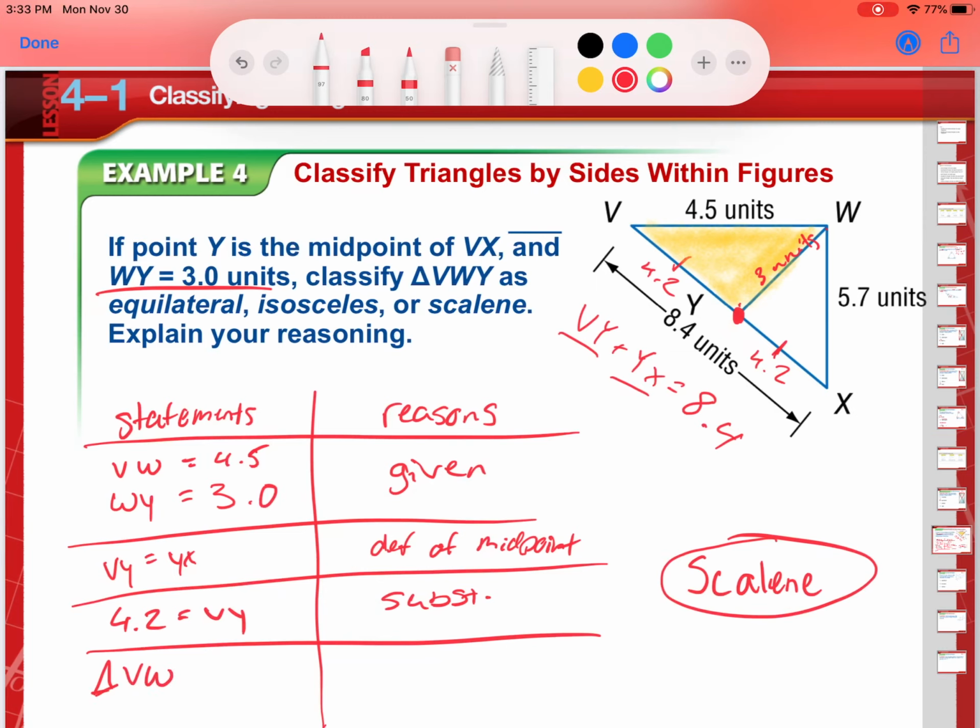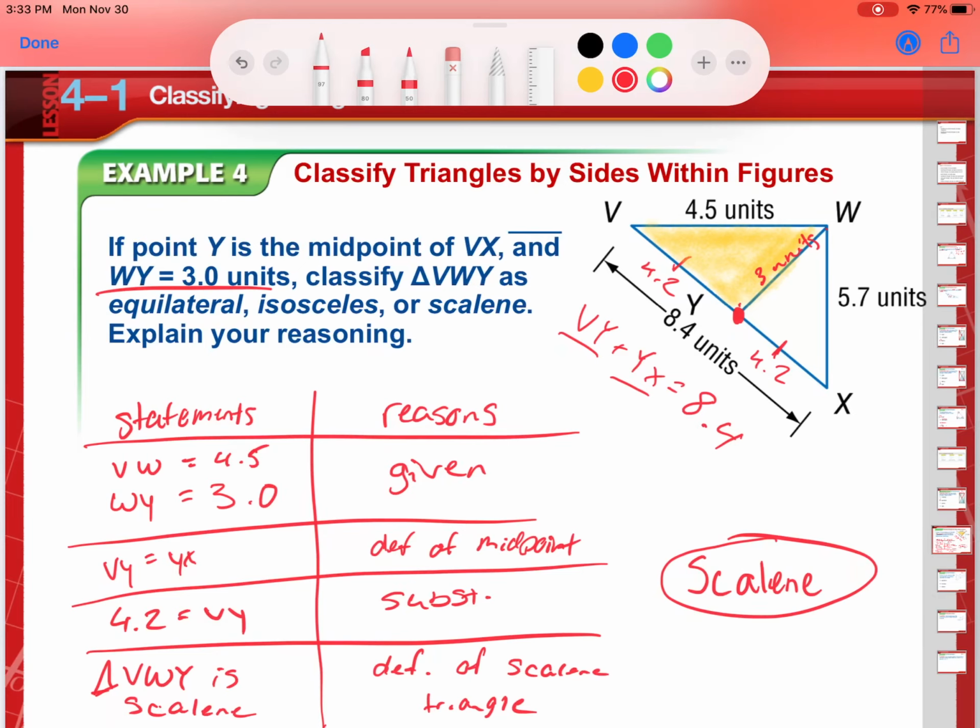And then my final step, I would say triangle VWY is scalene. Reason, definition of scalene triangle.